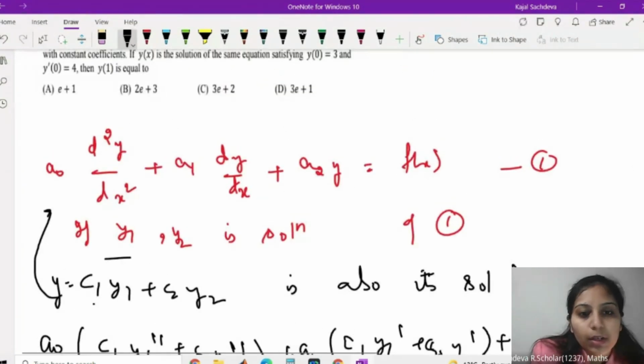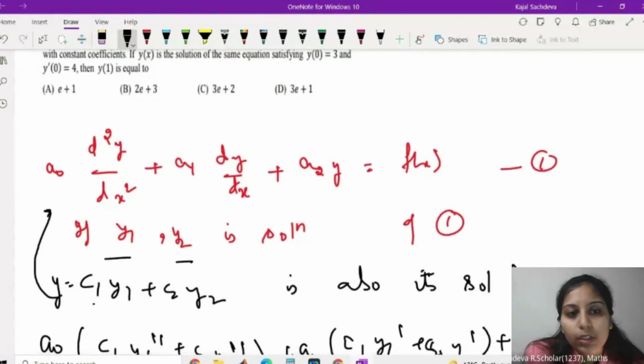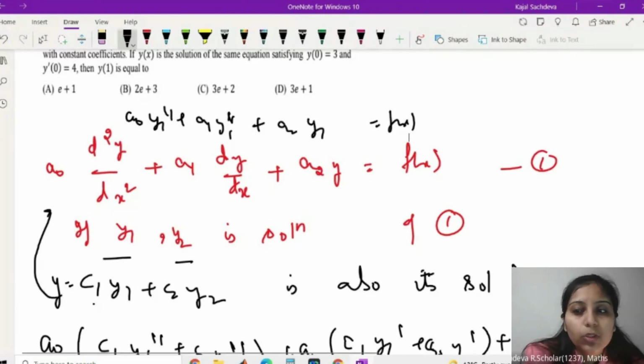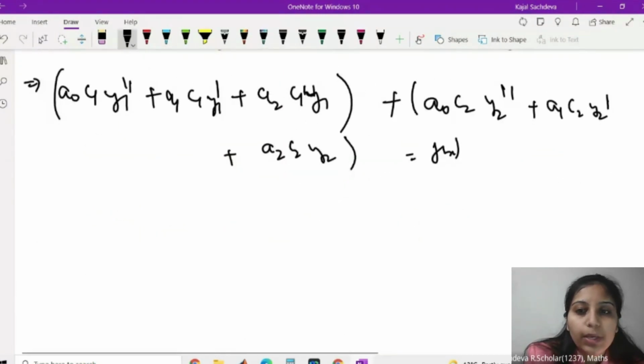We are taking y1 and y2 as solutions already, so this will satisfy a0 y1'' + a1 y1' + a2 y1 = f(x). We know that. And y2 is also a solution, so a0 y2'' + a1 y2' + a2 y2 = f(x). That is also f(x), so we can substitute both values here.